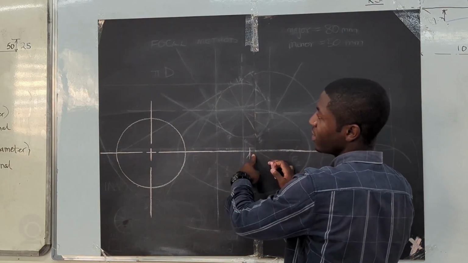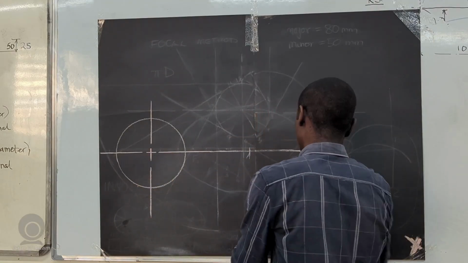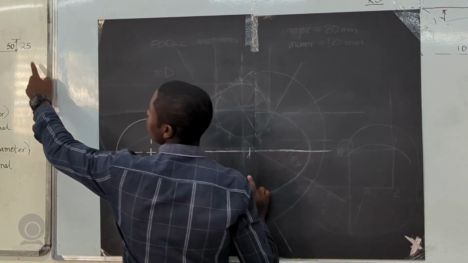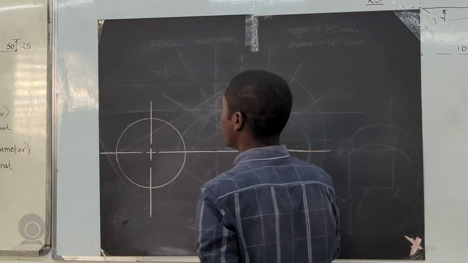This is the point 150 from the center of this circle. Now I need to go 25 below this first circle.